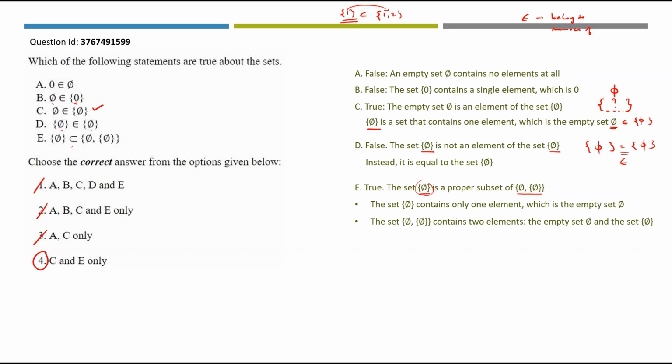The set contains only one element, which is the empty set. This is with respect to LHS. What about RHS? The set empty set, comma, set with empty set contains two elements. This is one element, this is one element: the empty set and the set with empty set. So this is definitely a proper subset.